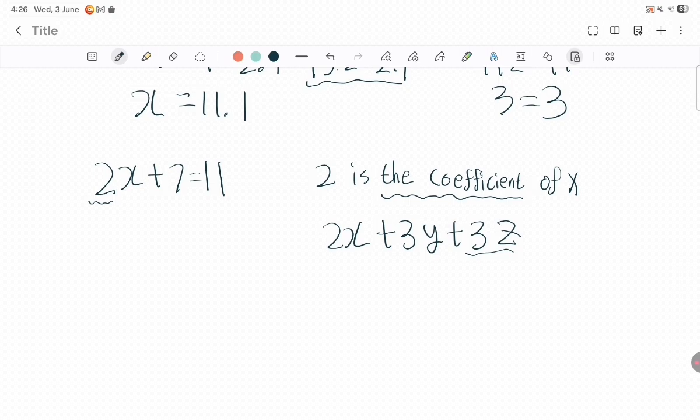So this kind of equation is called a two-step equation. Why? Because it has 2 steps to take.